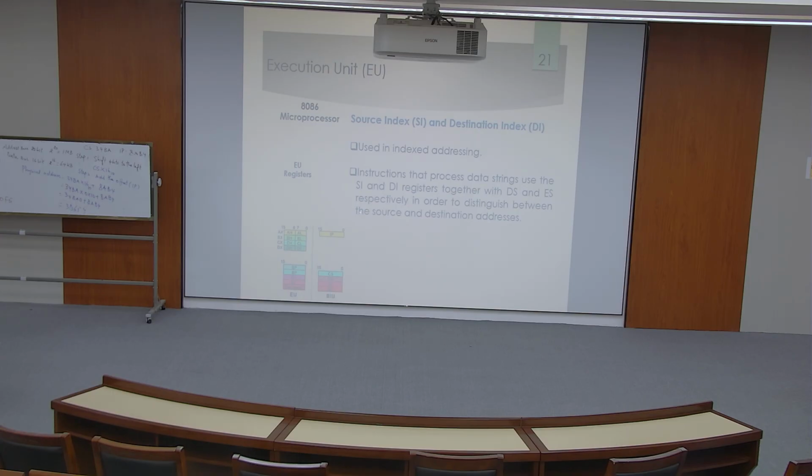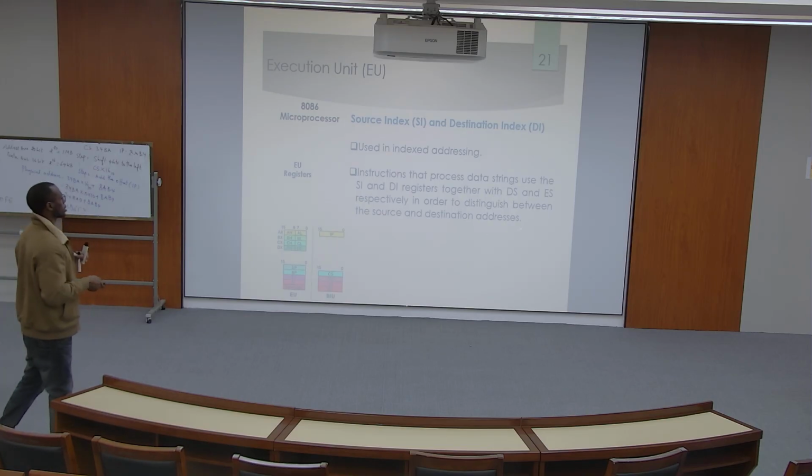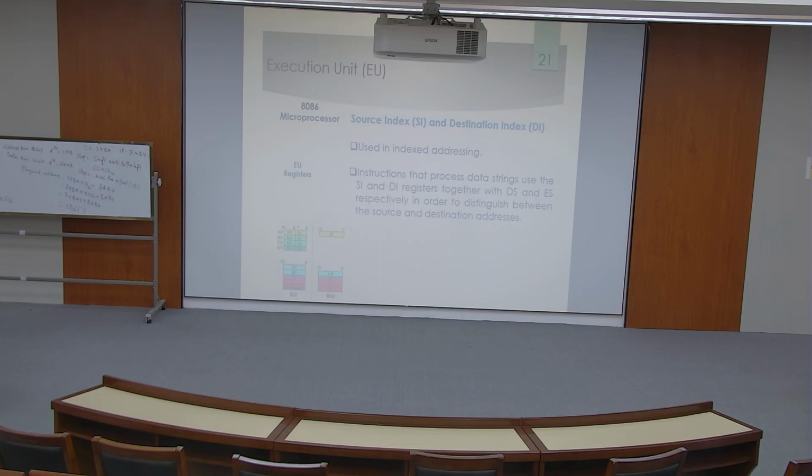We need the source index and destination index registers together with the data segment and extra segment respectively, in order to differentiate the source and the destination addresses. These are also special registers because they help the microprocessor to make a difference between the source and the destination address.